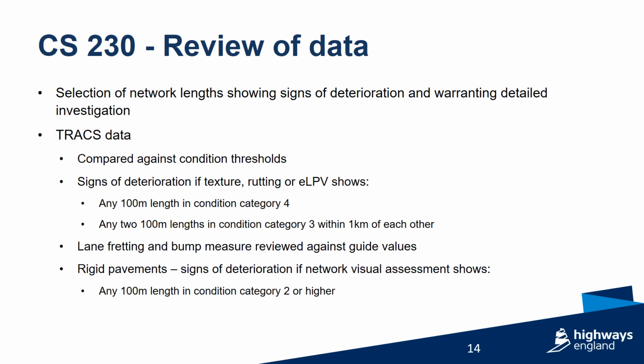For flexible pavements, texture, rutting and enhanced longitudinal profile variants shall be reviewed for the presence of condition in Category 4 in a 100-metre length, or where Category 3 is present in 2 100-metre lengths within any 1 kilometre. Lane fretting and bump measures shall be reviewed against the guide values in this standard. And for rigid pavements, the signs of deterioration at or above Category 2 are identified.